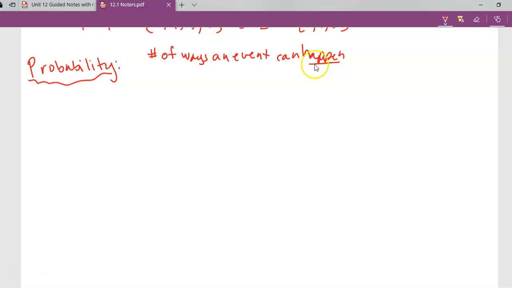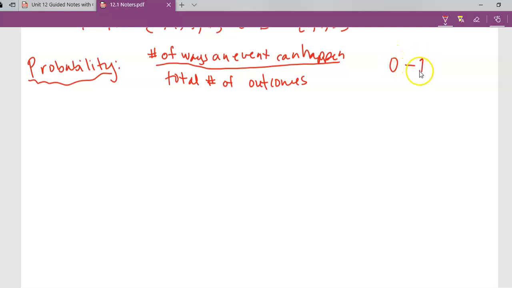So the number of ways an event can happen divided by the total number of outcomes. Okay, so probabilities are always between 0 and 1, or between 0% to 100%. You can't have a probability that's more than 100%.